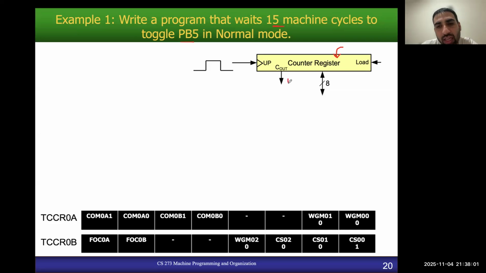So we have this flag equal to 1 after 15 cycles. So we need to know which value we should put in this register, right? If we convert 15 into the hexadecimal form, it is F, right? So when does the overflow happen? Overflow happens when the value of the register changes from FF to 0.